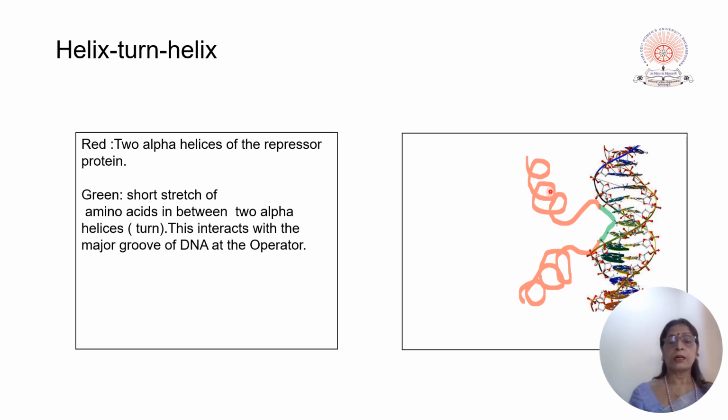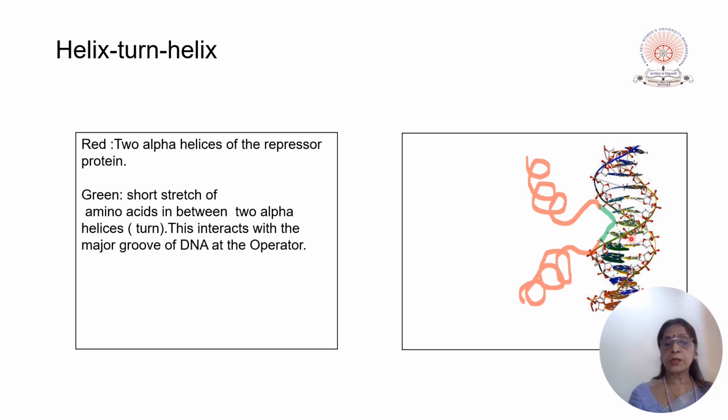This diagram shows the interaction between the DNA and the lac repressor. These are the two alpha helices of the lac repressor protein, and these two alpha helices are joined by a short stretch of amino acids.